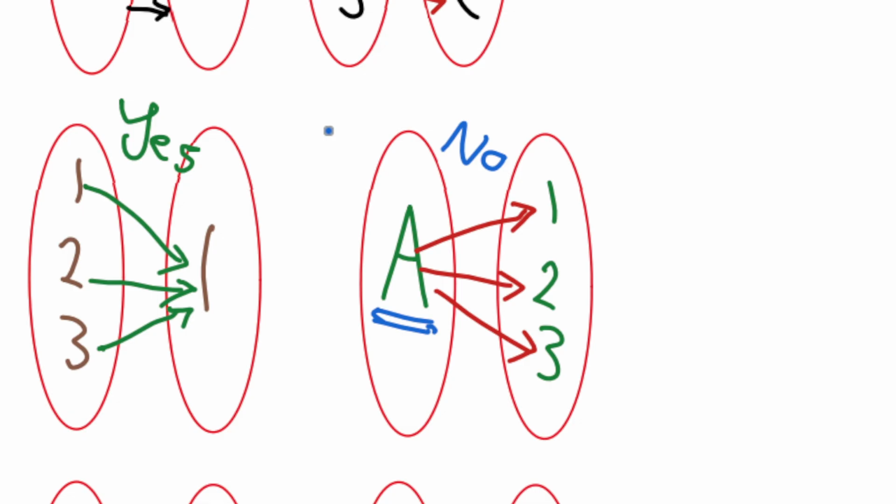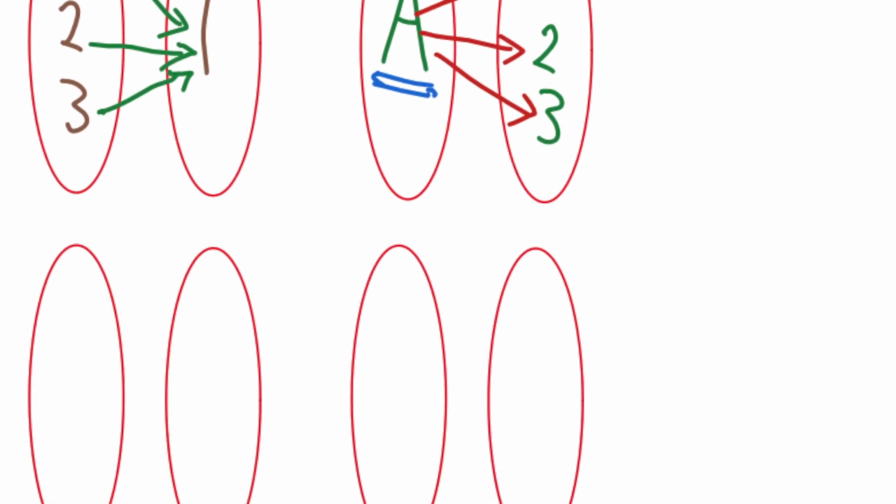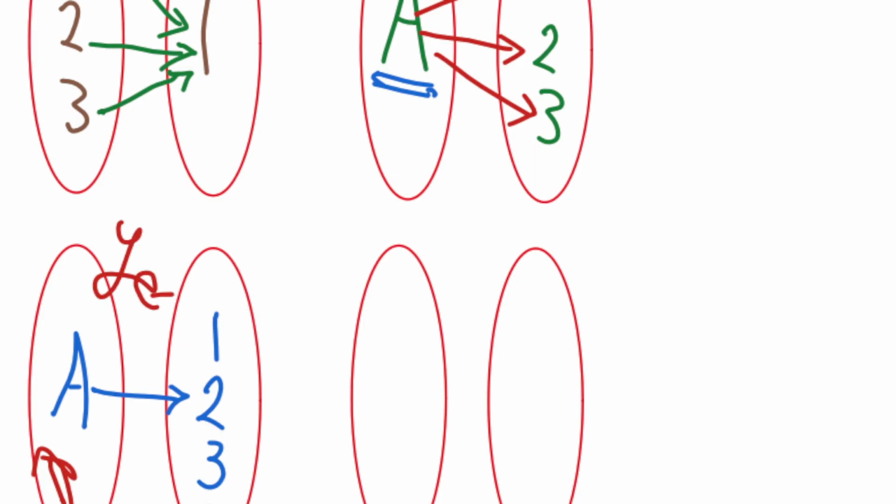It can be a function only if each one of these is connected to one only. Now the same one, if it was A here and 1, 2, 3 here, and A is connected to 2, is each one of these connected to one of these? Yes. So yes, it's a function.